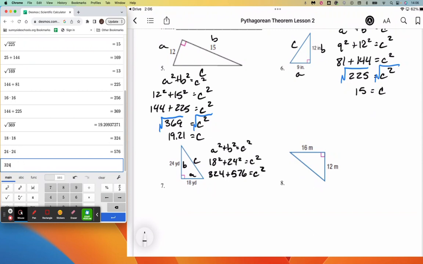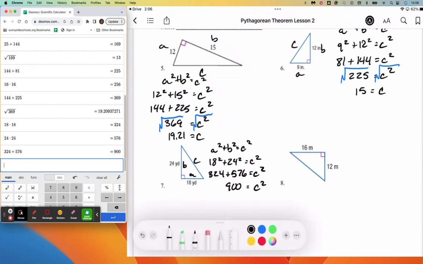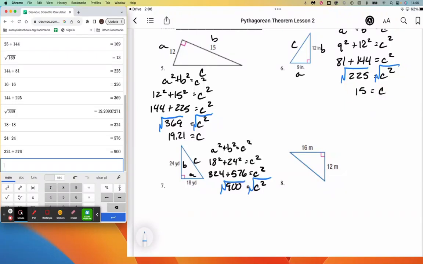So 324 plus 576 is going to give us 900. And I know that the square root of 900 is 30, so I don't need to use my calculator for that. 30 is equal to c.